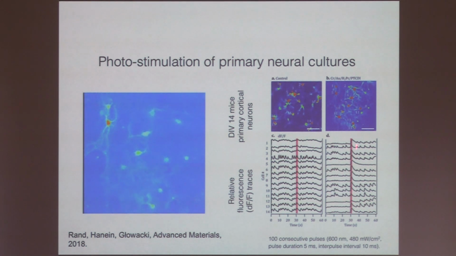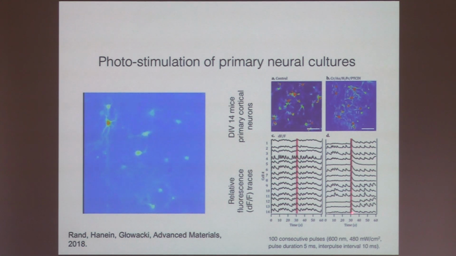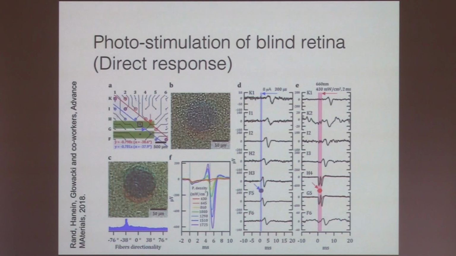Here we added the gold and the PN junction, and when we apply the electric field, we see the neuronal response. So this was a very nice initial demonstration, and then it was followed by basically the ultimate test.